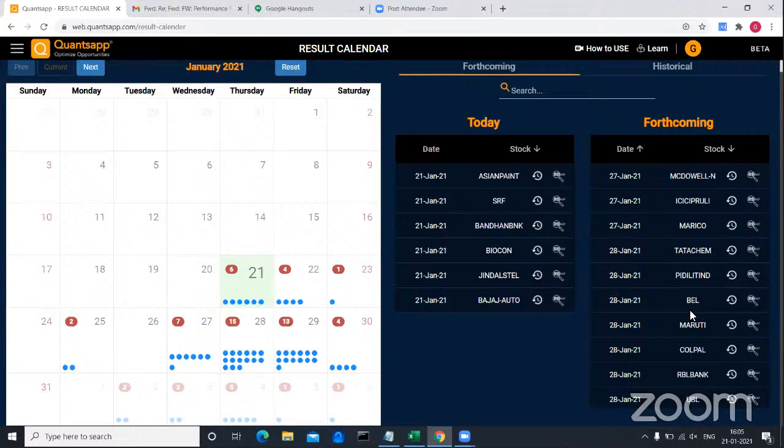The motive of keeping this is not limited to just seeing which companies are announcing. Suppose you are keen on a particular stock and want to know when that company is announcing its result.